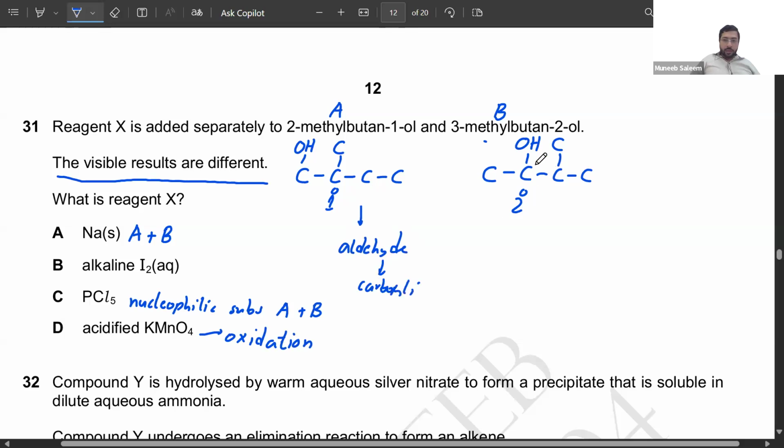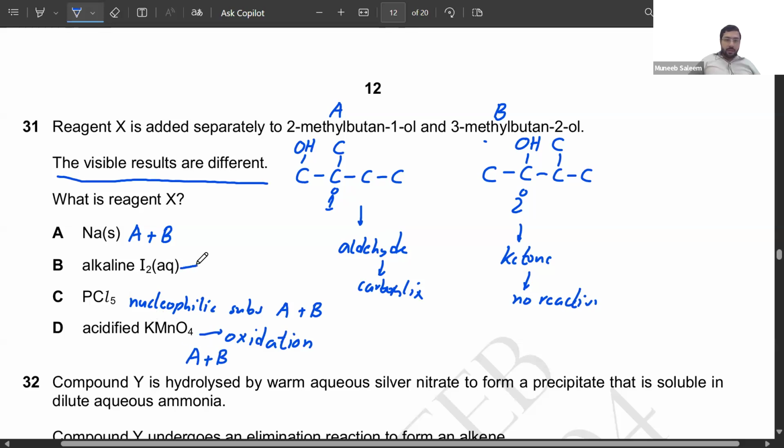And compound B will convert first into the ketone and then no further reaction. There will be no further reaction of the ketone with the KMnO4. But the first reaction is possible for both cases. That's why we cannot differentiate on the basis of acidified KMnO4. So both A and B can react.